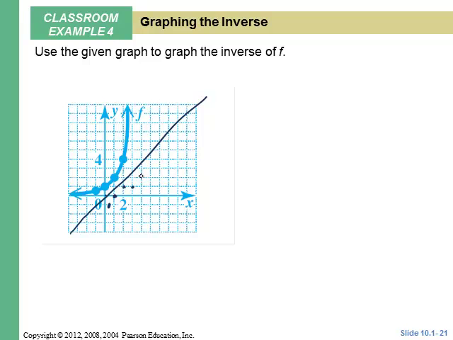This point is equidistant across that line, right here. So our graph is going to go like this, and that would be how you would graph the inverse function.